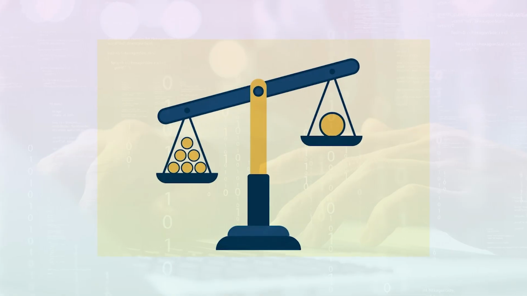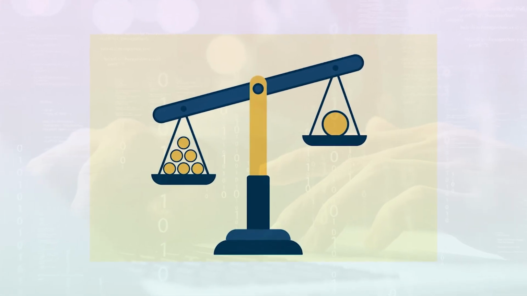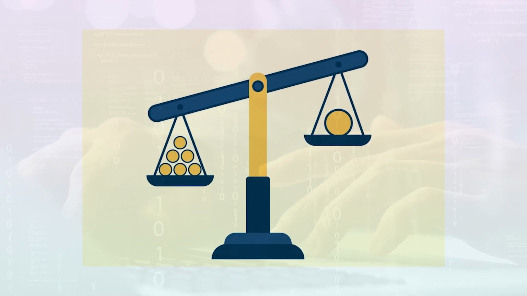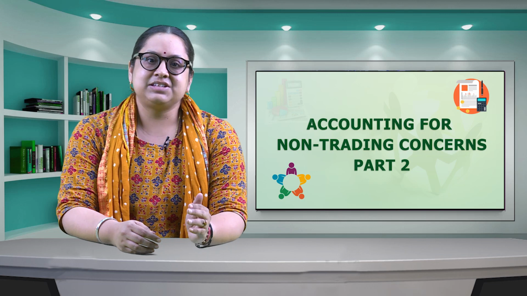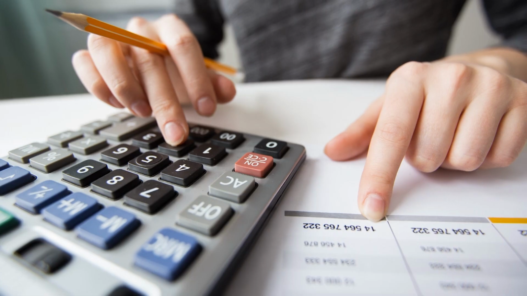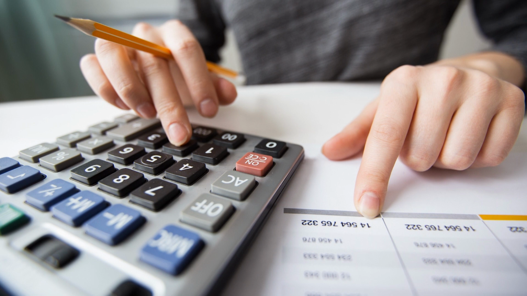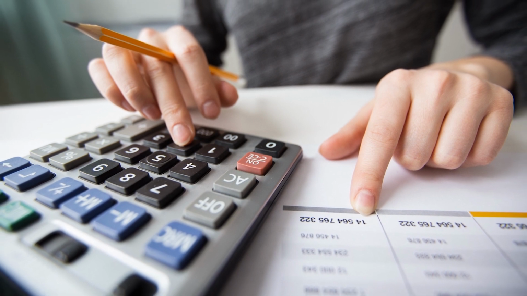The excess of income over expenditure, which is profit for trading concern, is added to the capital fund, and excess of expenditure is deducted from capital fund. It is loss for trading concern.